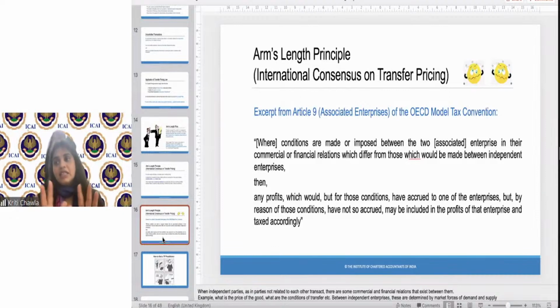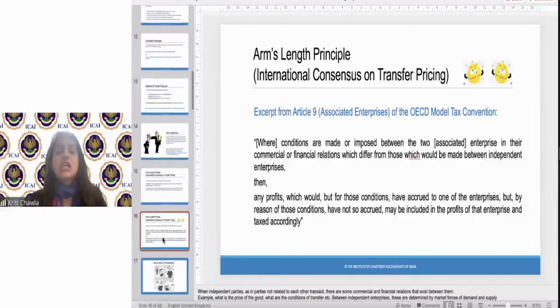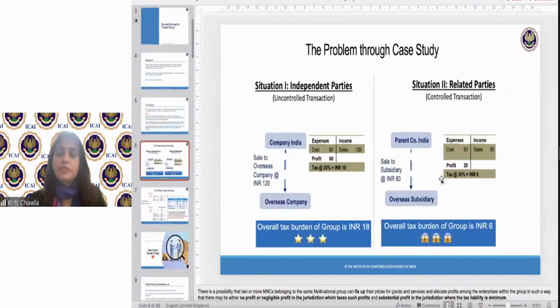So Article 9 says that if related party transactions are not happening within these commercial and financial relations, then because of these particular conditions, there is a difference in profit. For independent parties, the profit was 60, but for related parties, the profit was 20. And why is that difference happening?